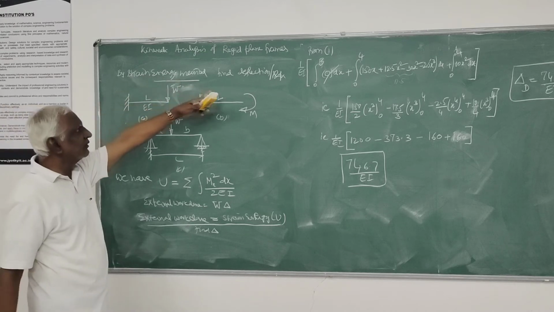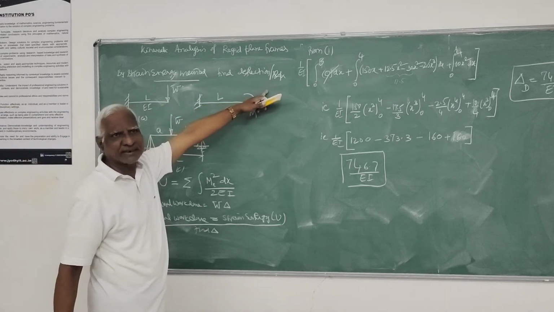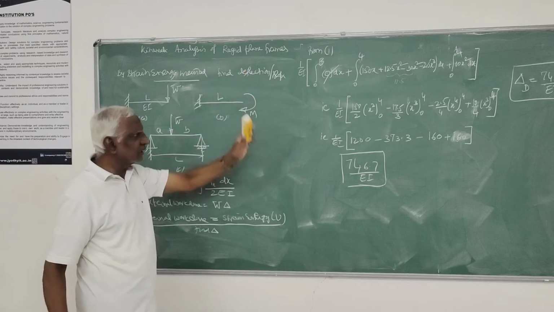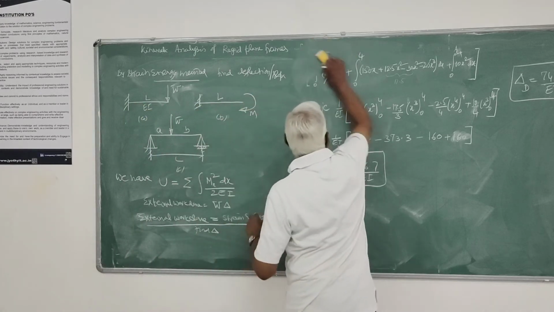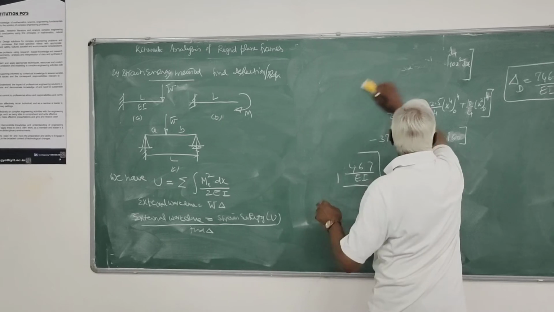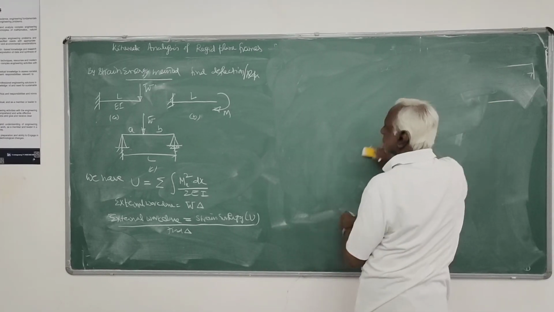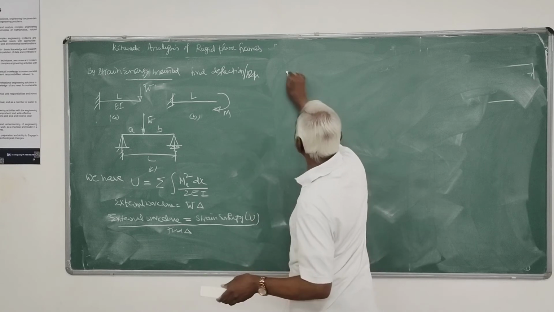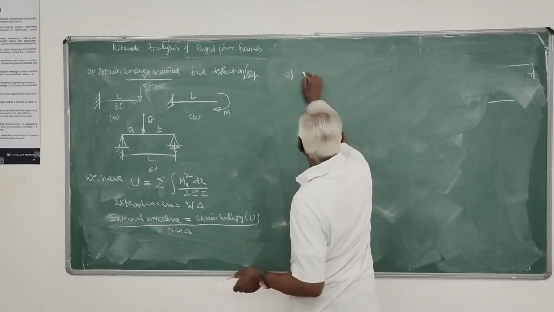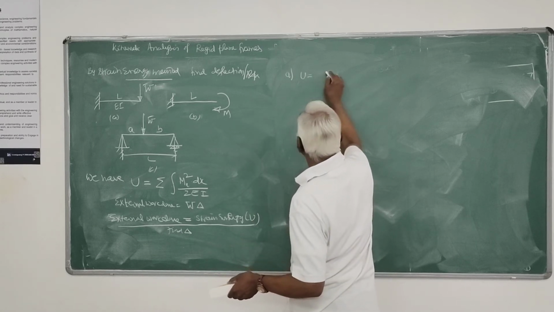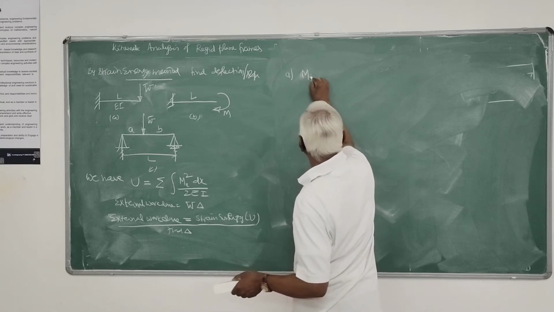By strain energy method, find the deformation in the direction of the load. So I will just apply it to all these problems. Only now, a small integration work you have to do. If you take the first problem, first find Mx.